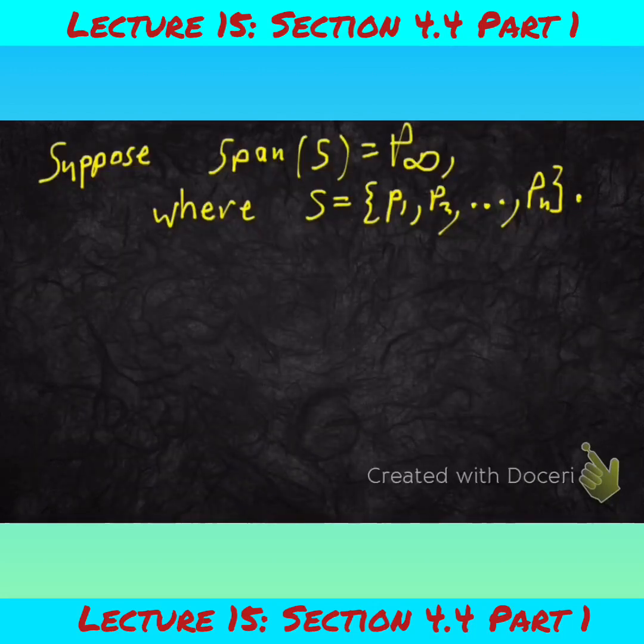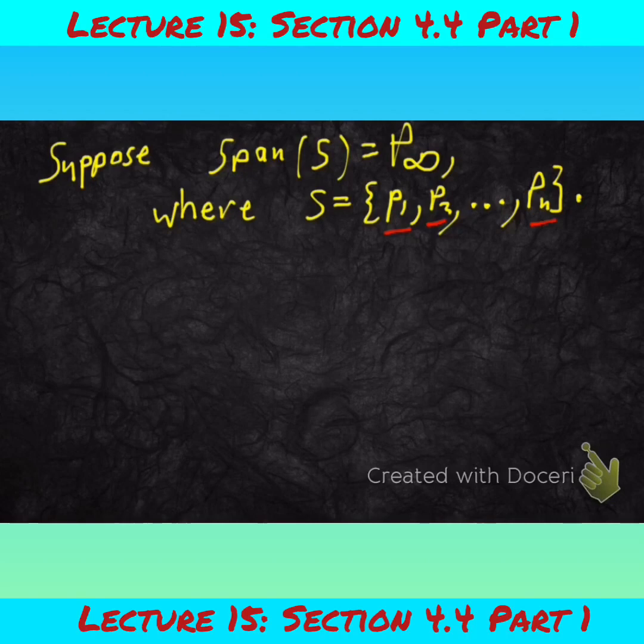Let's suppose there is a finite set of polynomials whose span gives P infinity. What it means is every vector in P infinity can be written as a linear combination of a finite number of polynomials. Now, if you take a polynomial of infinite degree, you must be able to write it as a linear combination of these vectors.